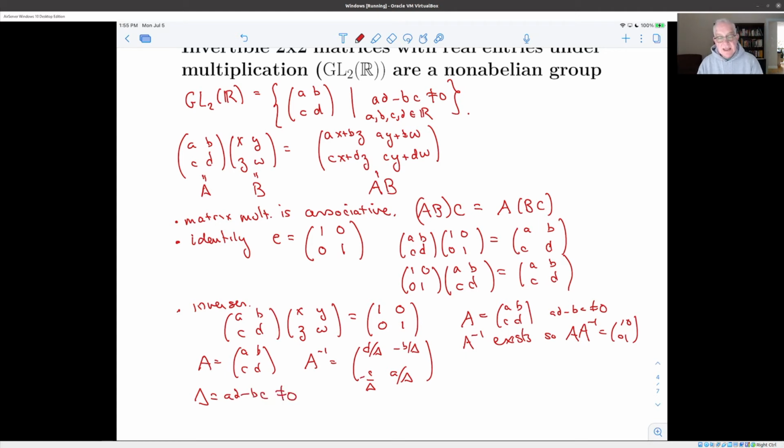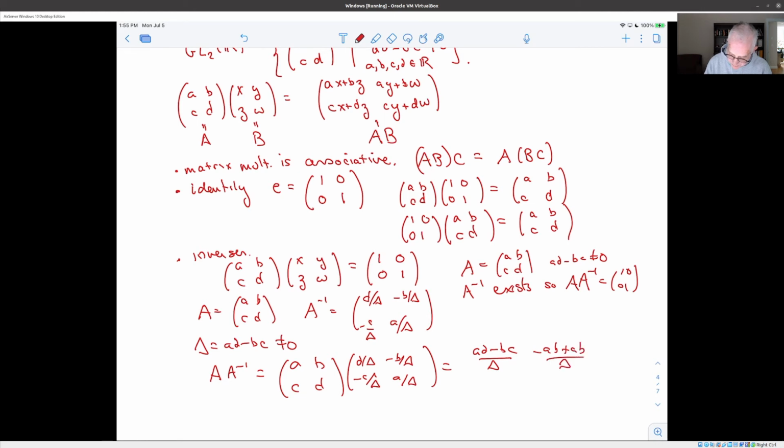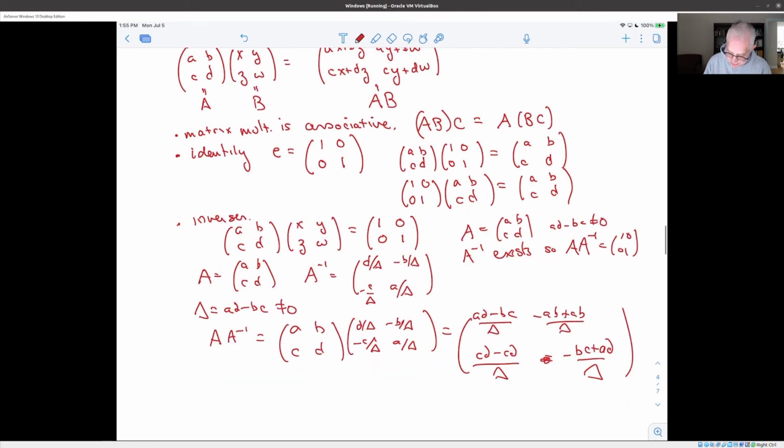So here we use the property that the determinant of this matrix is not 0, and then we can just check that if you multiply A times A inverse, that's A, B, C, D times D over delta, minus B over delta, minus C over delta, A over delta, which gives AD minus BC over delta, which is 1, minus AB plus AB over delta, which is 0, CD minus CD over delta, which is 0, and finally minus BC plus AD over delta, and that's equal to 1.